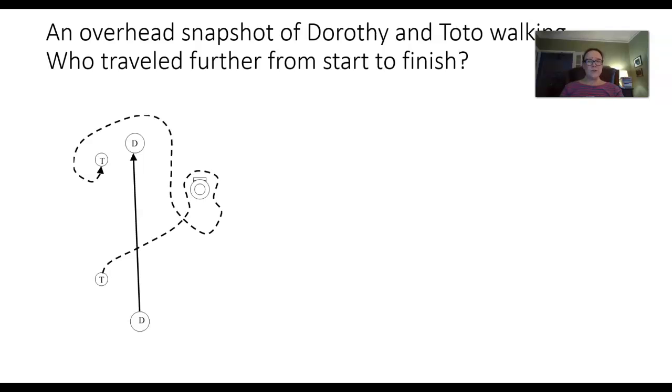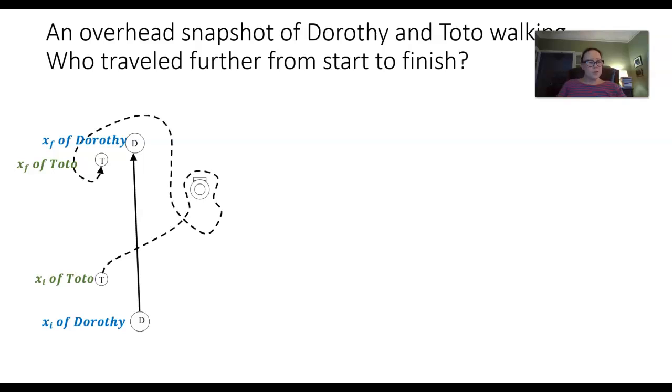But as I look at it a little bit more deeply, if I compare the starting and ending points of both Dorothy and Toto, I see that something strange is happening here. Dorothy's final position is further away from her initial position than Toto's final position is from where he started.